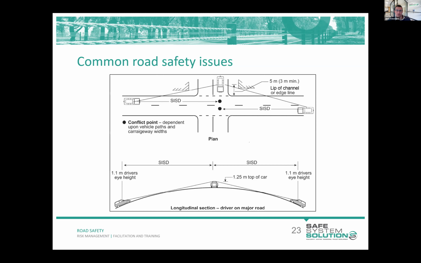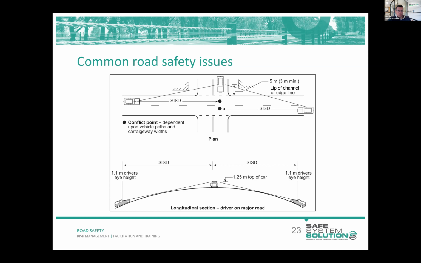It's also often the case that an intersecting road or driveway, its vertical alignment might see it approach the main road on an upgrade, which can lessen the available sight distance.